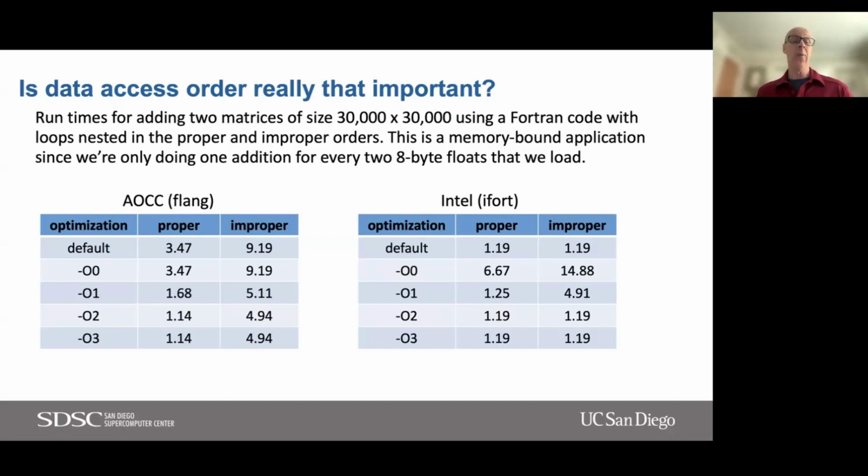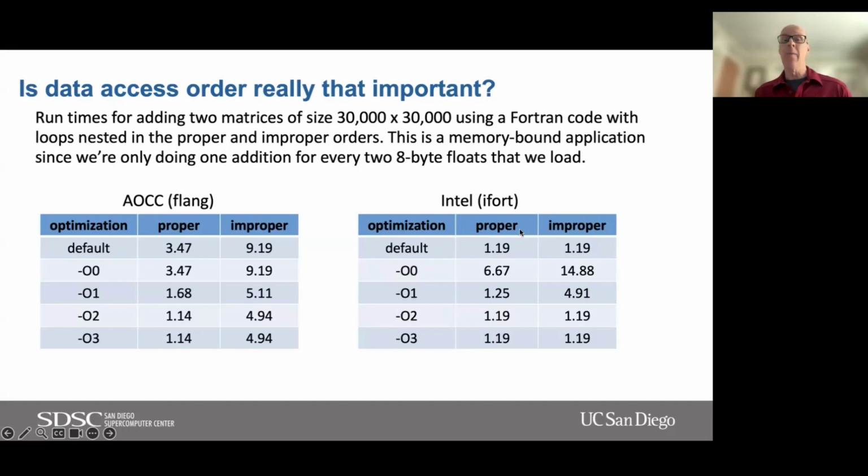When I go from O2 to O3, you see that there's no difference. That's because at that level of optimization, there's really nothing else that the compiler can do going from O2 to O3.